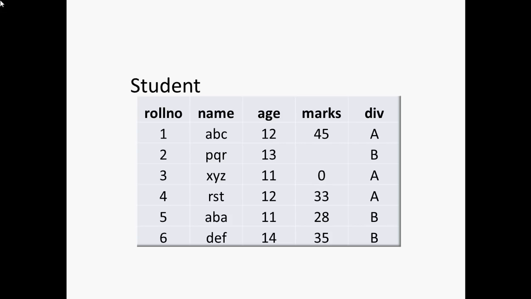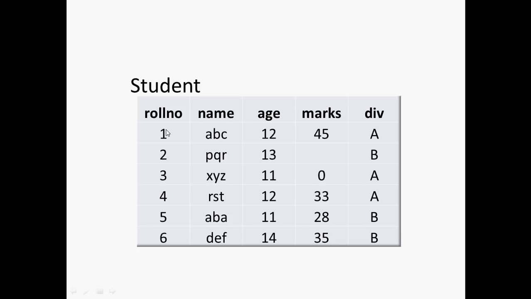In this example, we usually use two types of SQL commands. Number one, DDL, that we call data definition language, and number two, DML, that we call data manipulation language. DDL is used for creating a table. Creation of a table means providing the table name, the columns the table is going to have, and the kind of data each column is going to store.